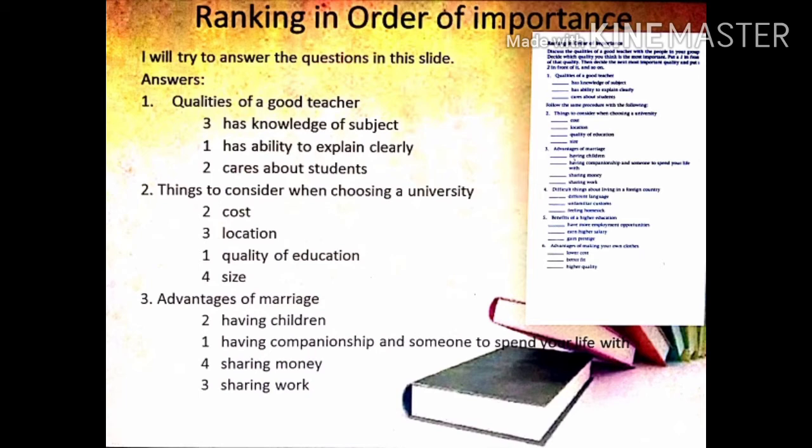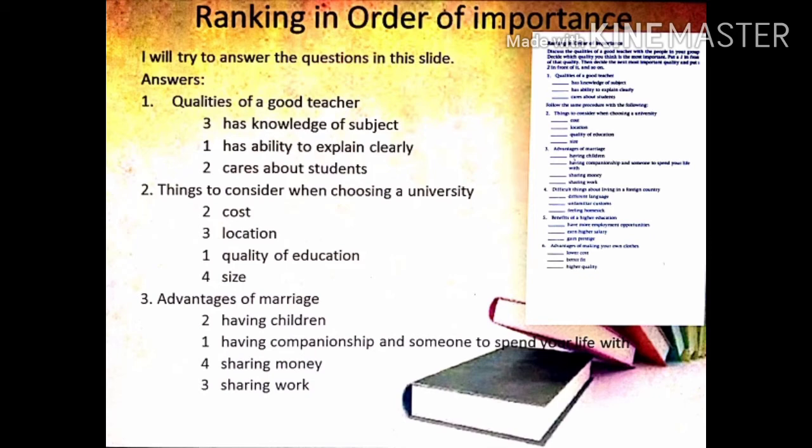Next, ranking in order of importance. I will try to answer the questions in this slide. The first, qualities of a good teacher. I think the first quality is the ability to explain clearly, the second is caring about students, and the last is knowledge of the subject.